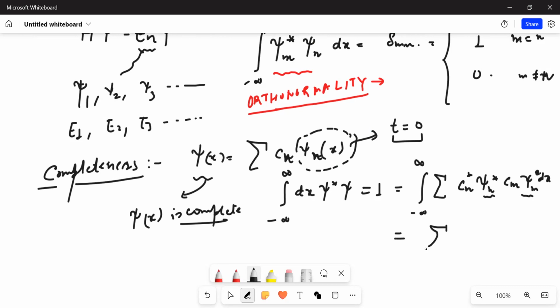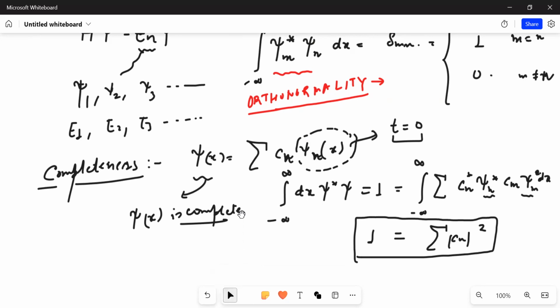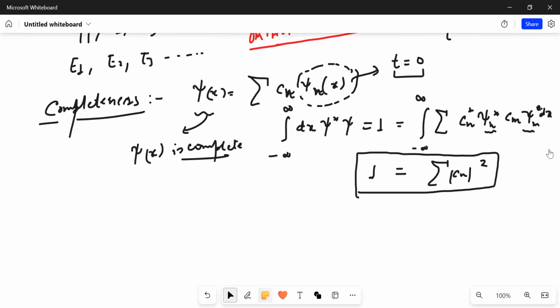That implies the summation of mod c_n whole square is equal to 1. This is one important result.